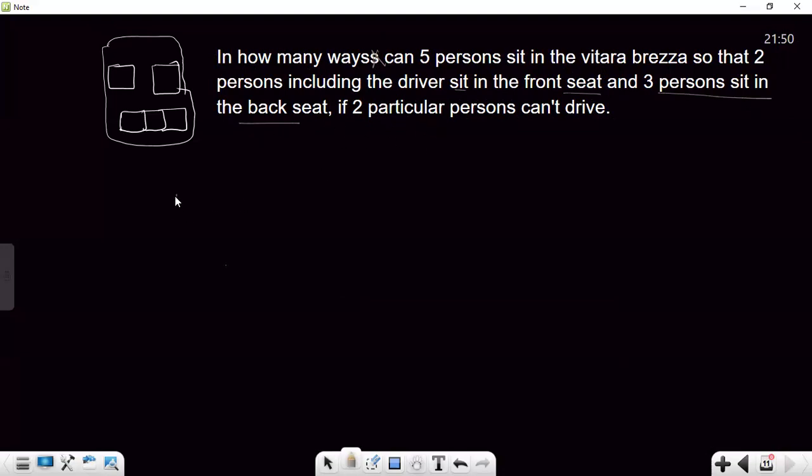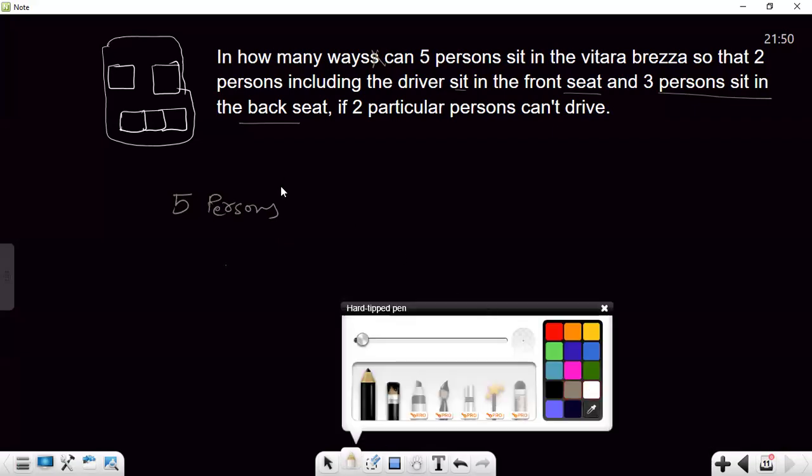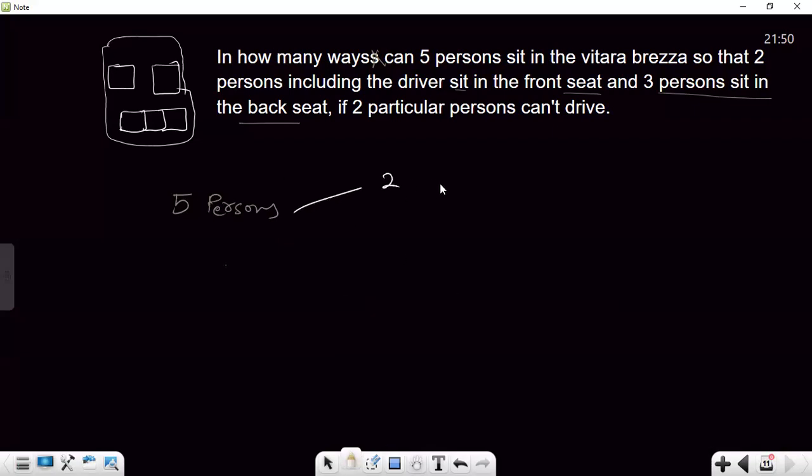So we have a total of 5 persons, out of which 2 cannot drive. Let's call them non-drivers, ND, and the 3 persons who can drive, let's denote them by D.